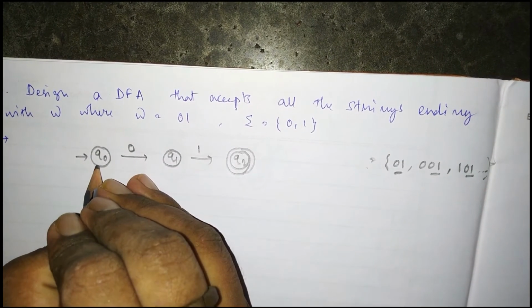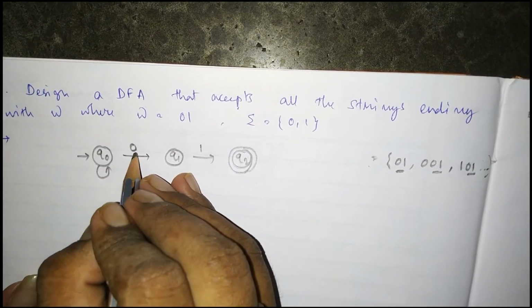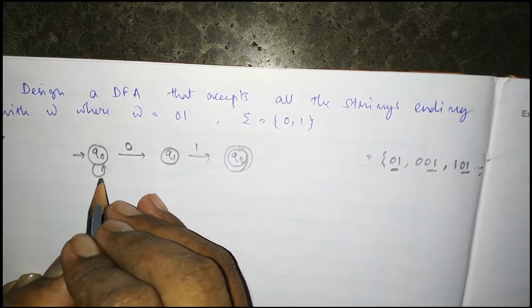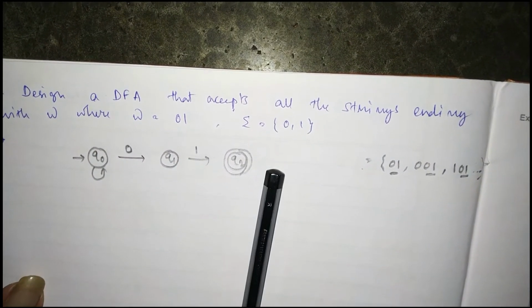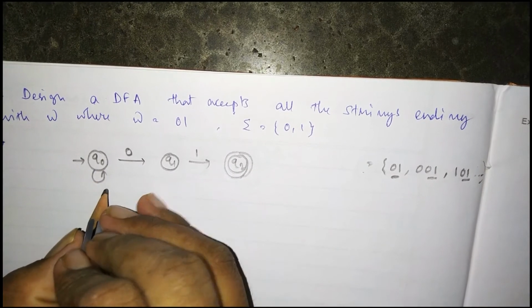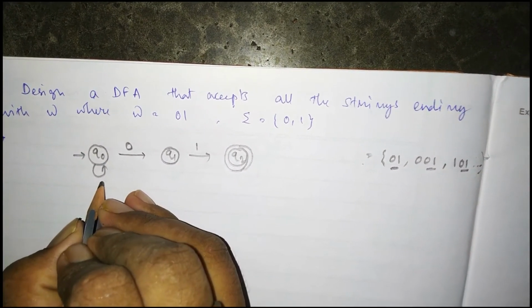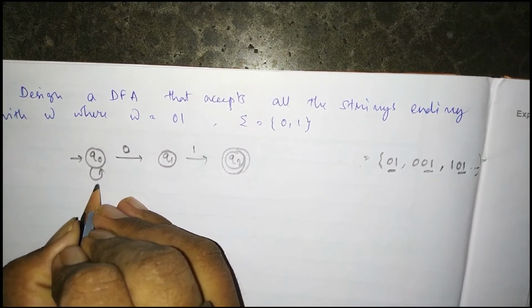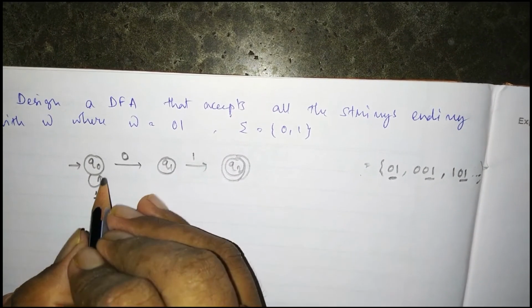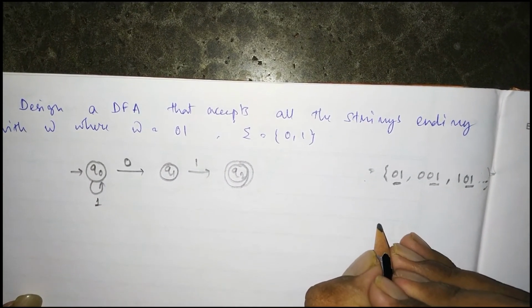So in Q0 we have a transition for input symbol 0, but we don't have a transition for input symbol 1. As you know, a DFA is a complete system, so we have to make a transition for input symbol 1, and we can use a self loop over here, because just think about the examples.